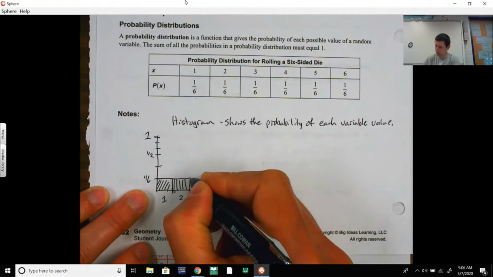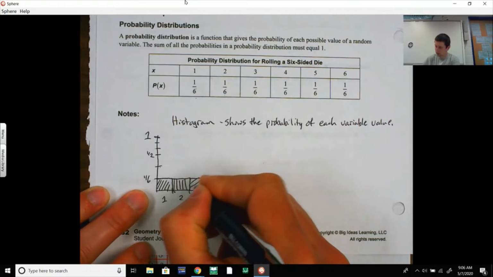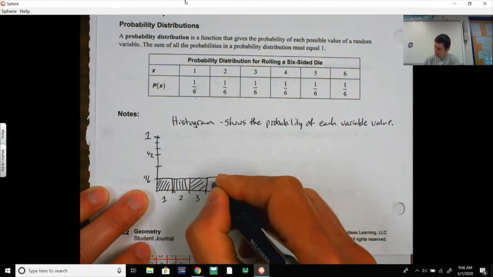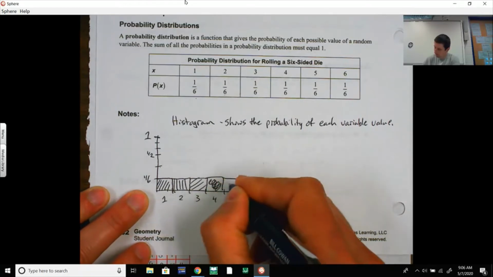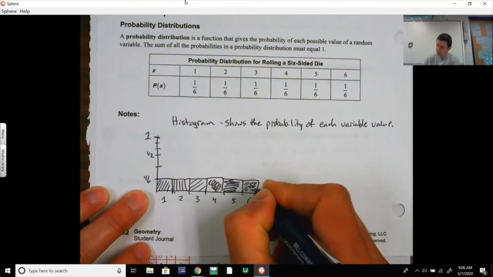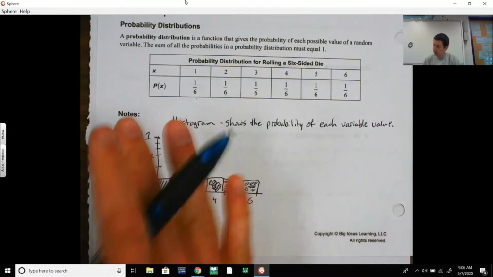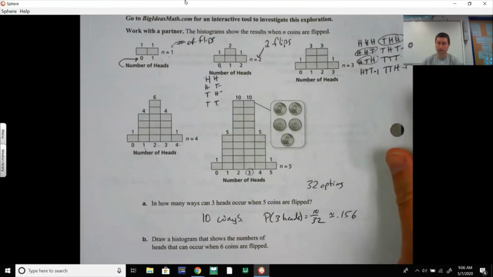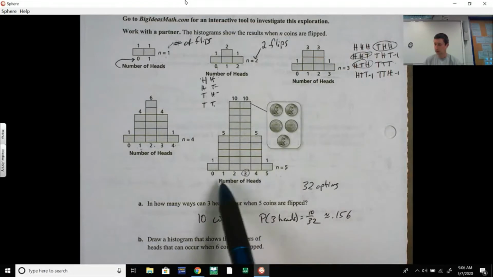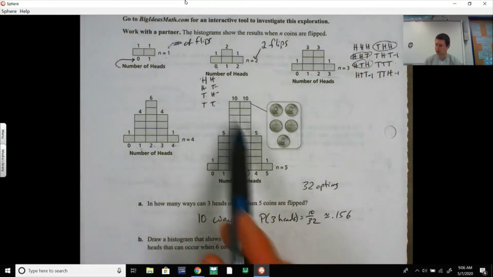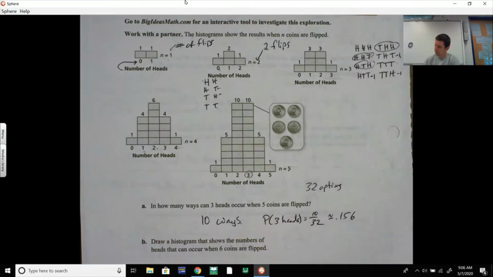The probability of rolling a 3 would be 1/6, and so forth and so on. Okay. So that's what we're kind of looking at back on this page as well. These are basically your histograms showing you, okay, what's the probability of getting 2s? Well, there's 10. That'd be 10 out of 32 in this case. Okay. They didn't put the percentages there, but the same idea.